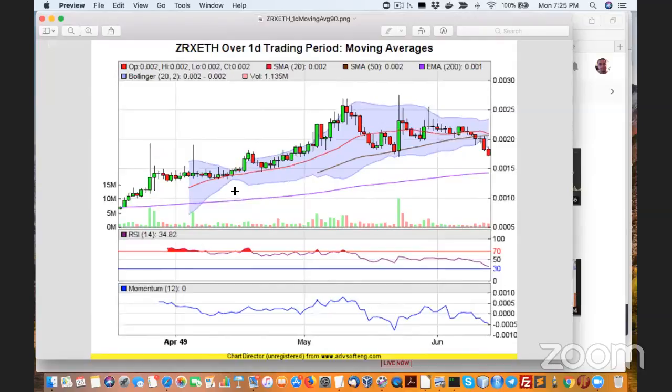Let me give you a tip about moving averages. We obviously have our SMA 20, 50 below the 200, which is, if we have the EMA 200 above these SMAs, obviously classic. We are in classic bear mode.